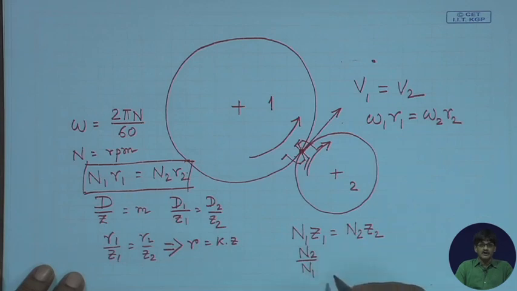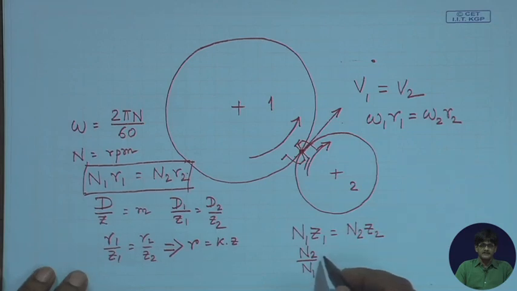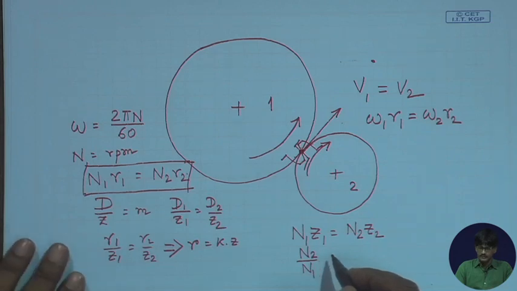Throughout these lectures, we will be referring to gear ratio, speed ratio, etc., terms like that as output RPM by input RPM. In many literature, you will find that it is just the opposite, but to maintain one single definition of this particular speed ratio, we will simply take it as output RPM by input RPM.